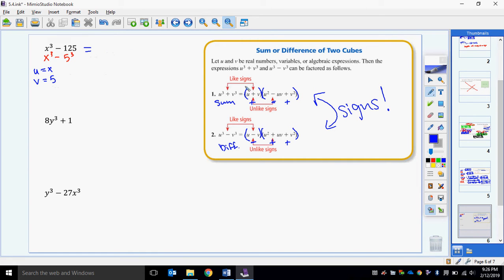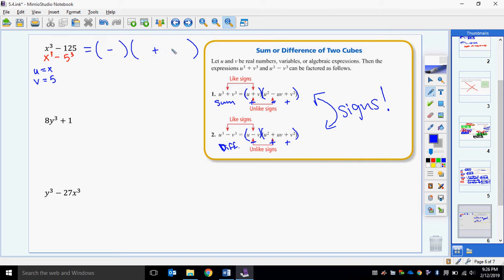So now I'm going to fit it into this formula, not formula, but pattern, so that I get it right. So it's a binomial first and a trinomial second. I'm on difference down here because I have a subtraction sign. So I'm just going to fill in my signs. It goes minus, and then plus, and then plus.